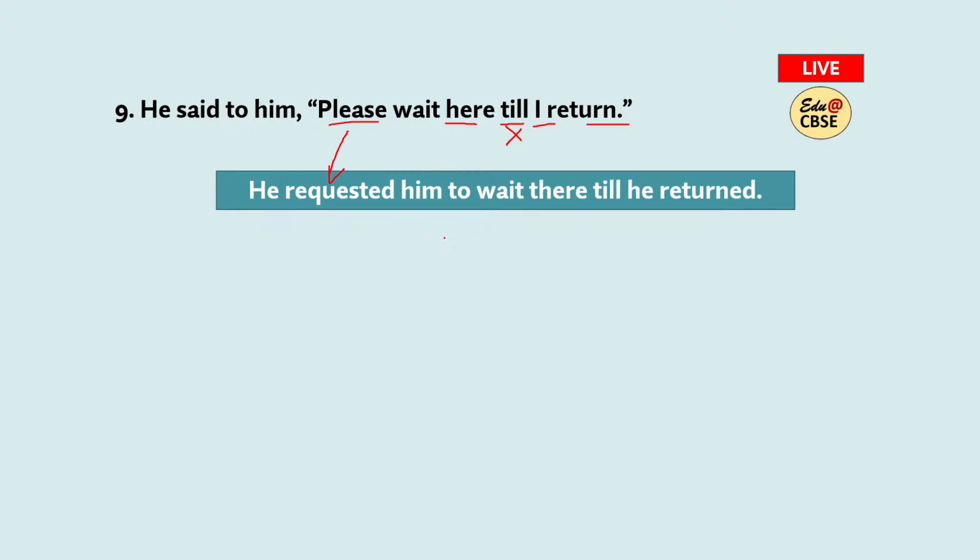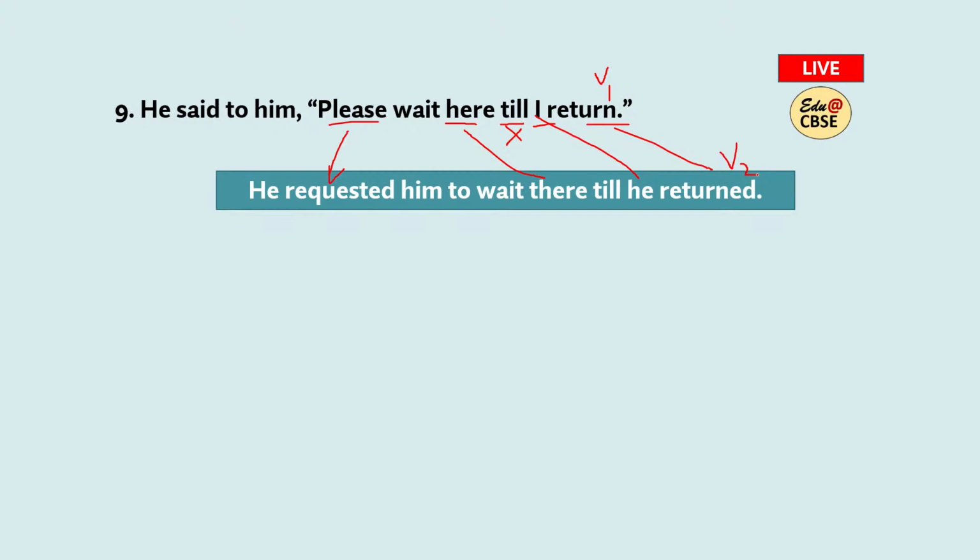So he requested him to wait there. Here changes into there, I changes into he, and return is V1, so V1 changes into V2. So this is what you have to remember. Keep on underlining the words that need a change, then follow the rules and keep on changing them. Then you will never go wrong. So I hope that this is clear.